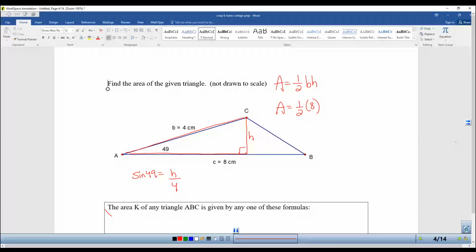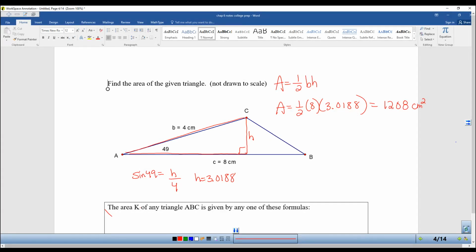So sine of 49 times 4, the height is sine of 49 times 4, is 3.0188. And that gives us an area of 12.08 centimeters squared.